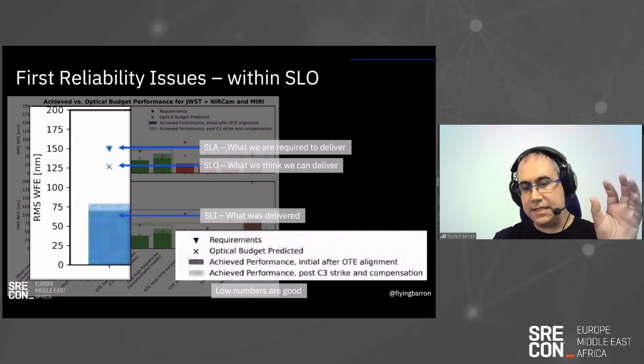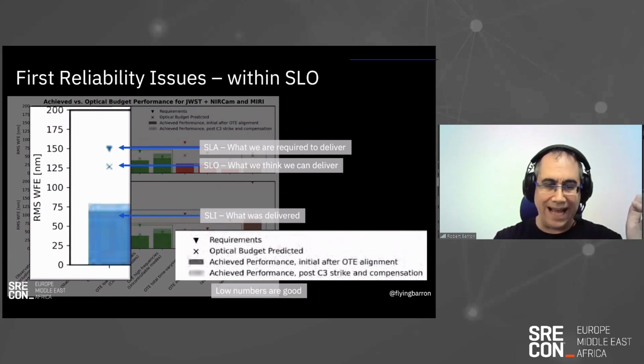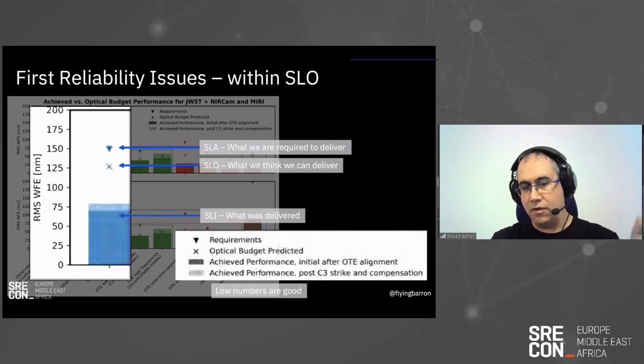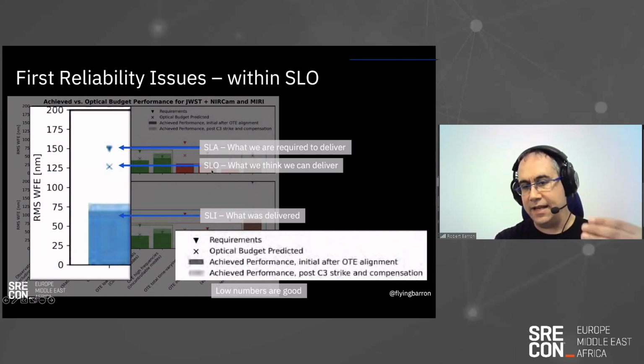And this is the actual result of Webb, somewhere under 75 nanometers. So Webb was over-engineered in a good way, in the fact that it is delivering better quality science than was required by the scientists, and better quality science than the engineers thought that they could achieve.